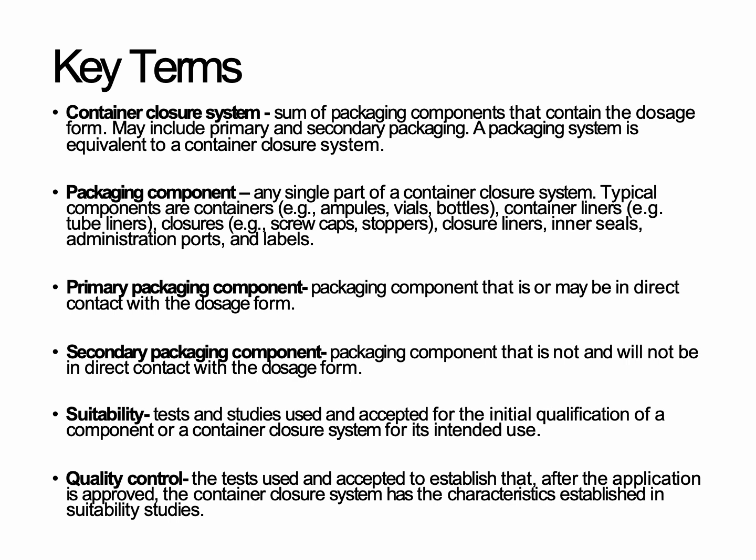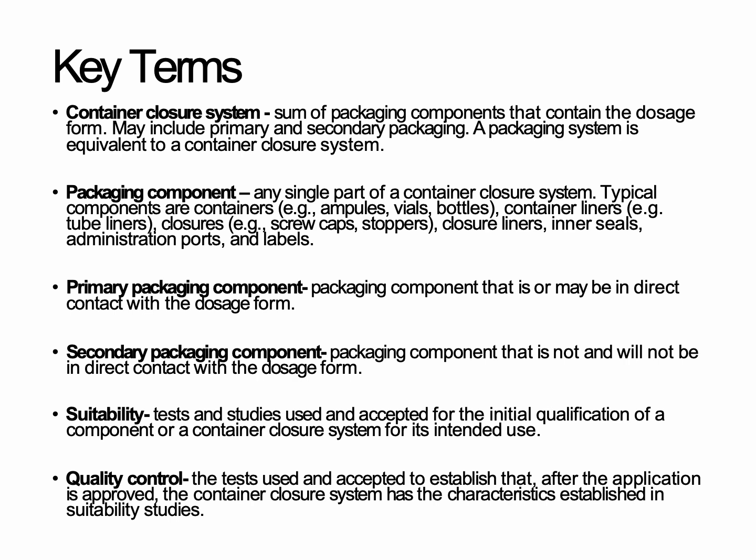We can have closures like screw caps or stoppers. We will have closure liners, inner seals, administration ports, and labels. Of course, in different materials, shapes and colors. And they must all have been tested before we use them as container closure systems.